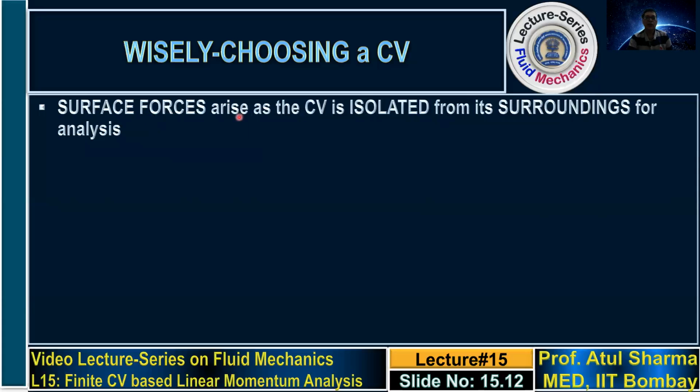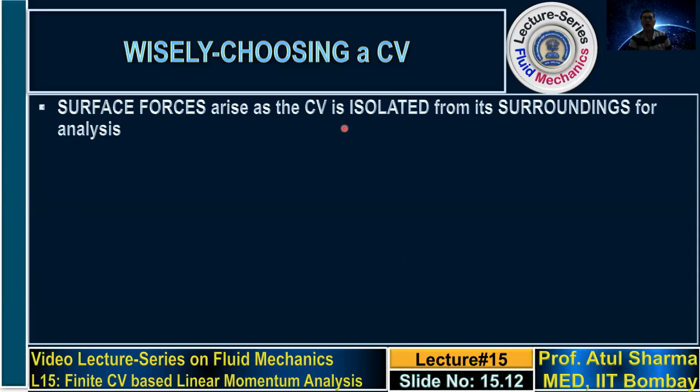This surface force arises, as in the case of that tap problem, when you created the left boundary of the control volume. Basically you were cutting the joint where the tap was connected to the pipe. Note that in the tap problem, we have taken a control volume where we have the tap, but the pipe which is connecting the tap is outside the control volume.